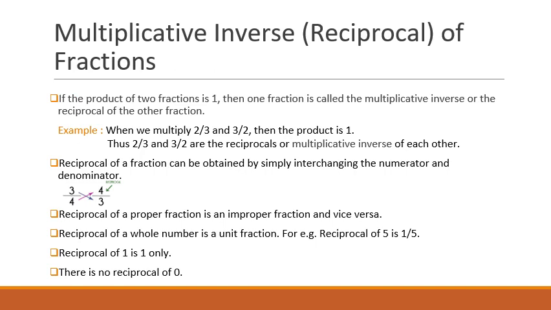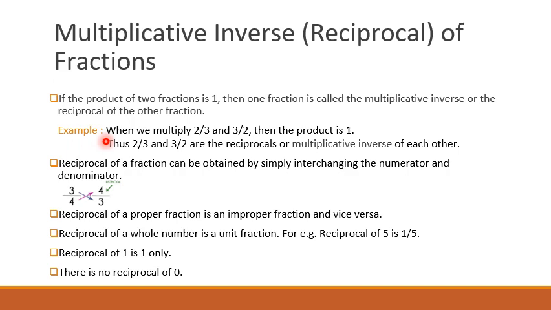Multiplicative inverse or the reciprocal of fractions. If the product of two fractions is 1, then one fraction is called the multiplicative inverse or the reciprocal of the other fraction. Now let's see with an example.